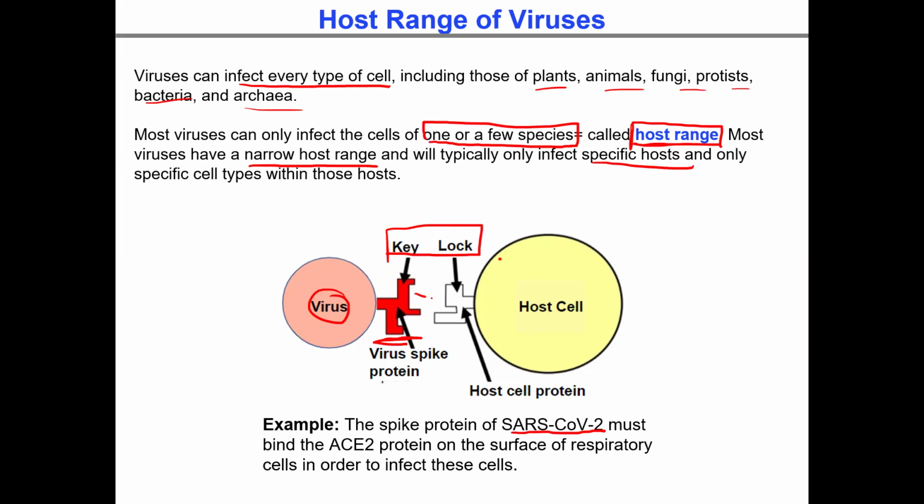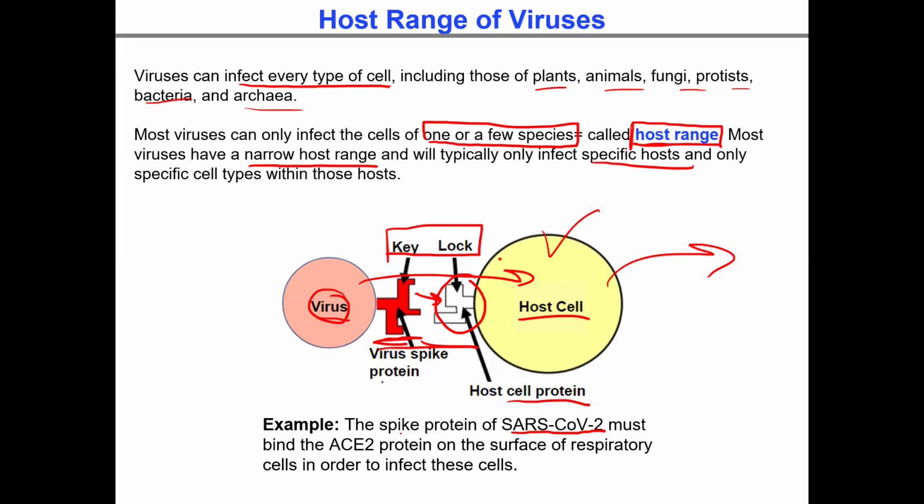But if you look closely, you can see that it can slot into this host protein. So this is going to allow the virus to connect with the host. This interaction is essentially telling the virus that, hey, this host right here is going to work for you. You can absolutely go ahead, infect it, and reproduce and make more of yourself.